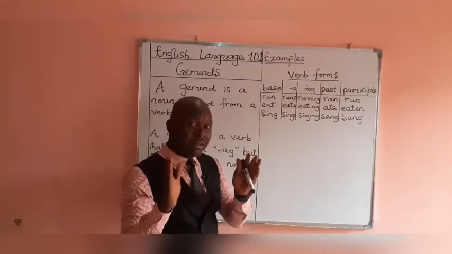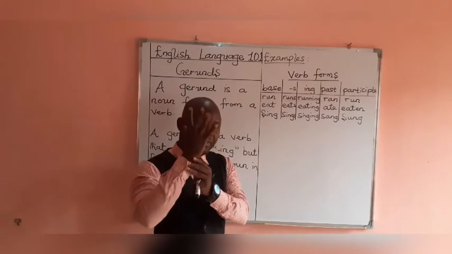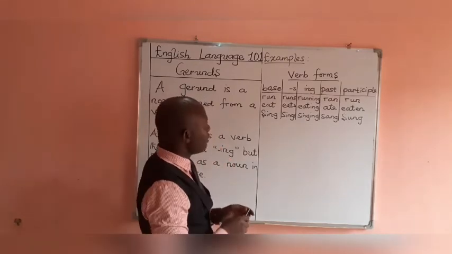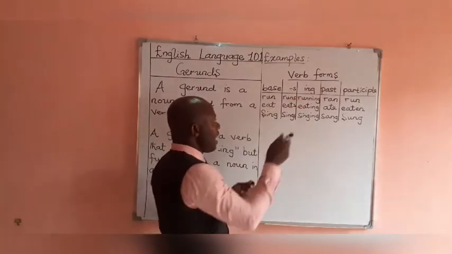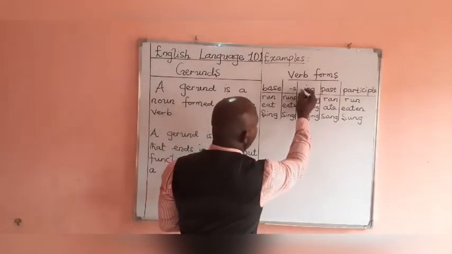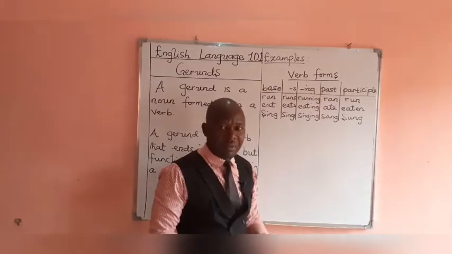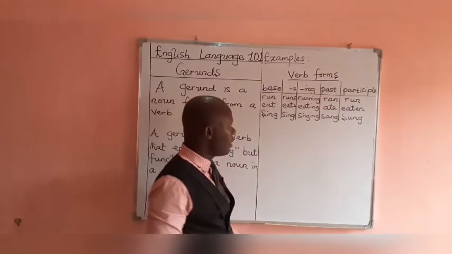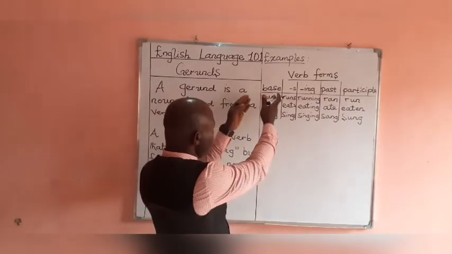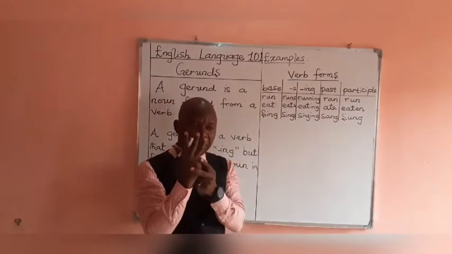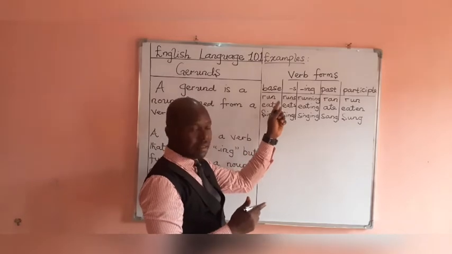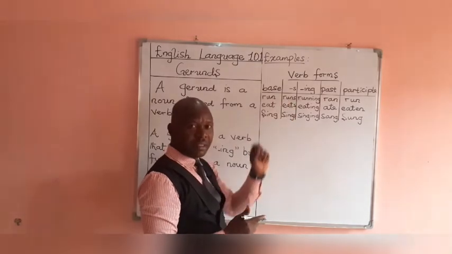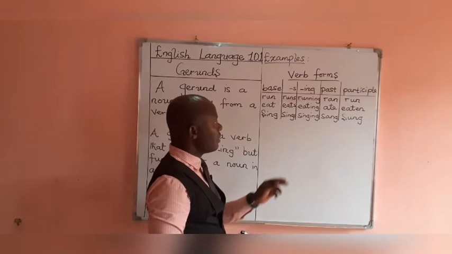Now, to where we start, verb forms. Every verb has five forms. We have the base form, the S form, the ing form, the past form, then the participle form. We will be taking these three examples. Run, that's the base form. Runs, that's the S form.